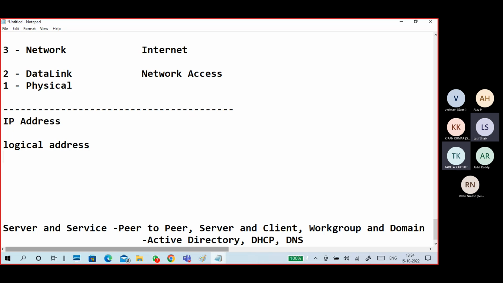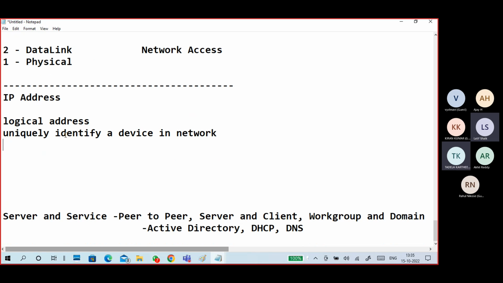It is a logical address. MAC address is a physical address. IP address has two types, IPv4 and IPv6. MAC address is 48-bit, 12 hexadecimal. That is the IP address, MAC address difference: both uniquely identify a device in a network.